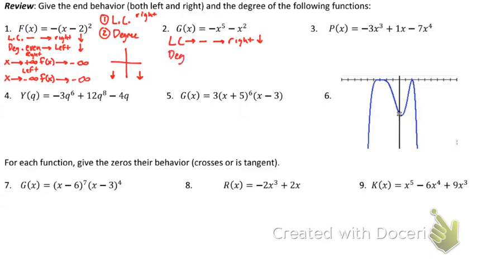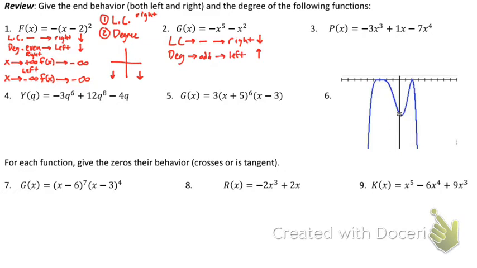Since this is in standard form, we do not add the exponents. We just look at the highest exponent, which is this guy. This is going to be odd. So my degree is odd, which means my left side does the opposite of my right side. So since my right side is going down, my left side does the opposite, goes up.